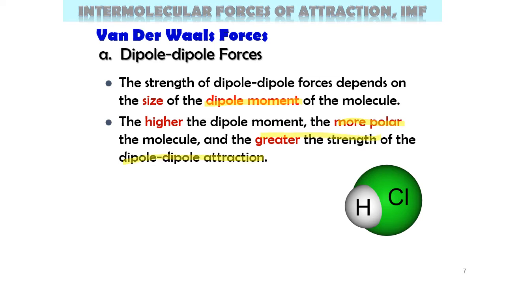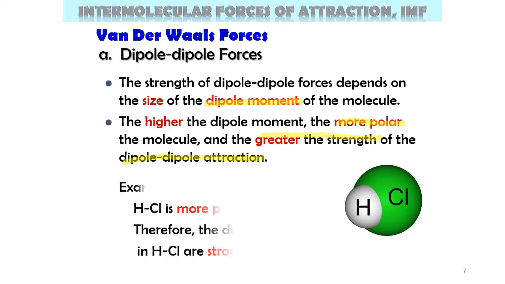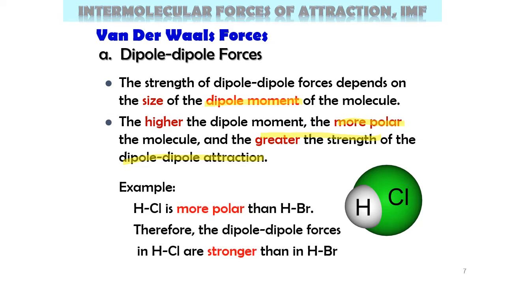Okay, so for example we have HCl and we compare with HBr. So we know that HCl is more polar compared to HBr. Therefore, the dipole-dipole forces between HCl, hydrogen chloride, molecules are stronger compared to those between HBr molecules.